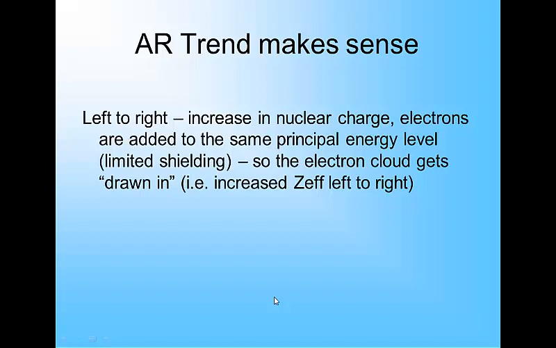So the electron cloud gets drawn in closer to the nucleus and has a smaller radius. So left to right, the atomic radius will decrease because there's more proton-electron attractive force. It has the same energy level. There's very little shielding going on. And the nucleus will have a tighter hold on those electrons.